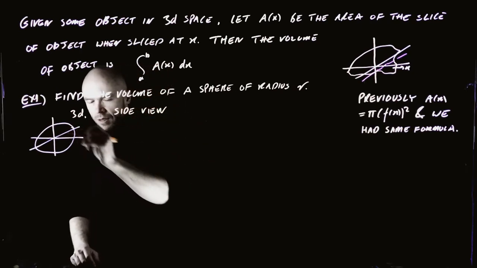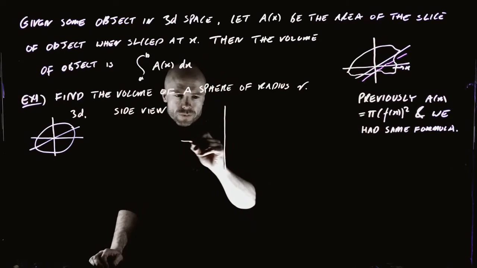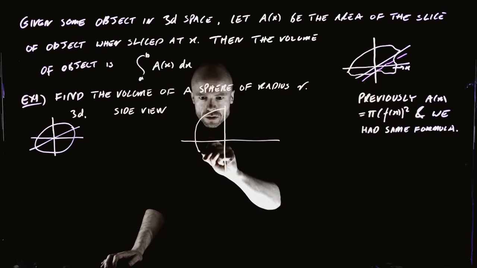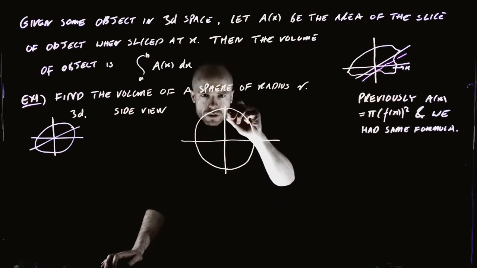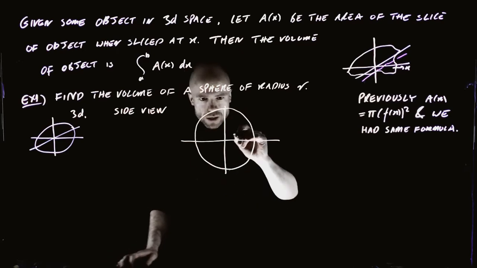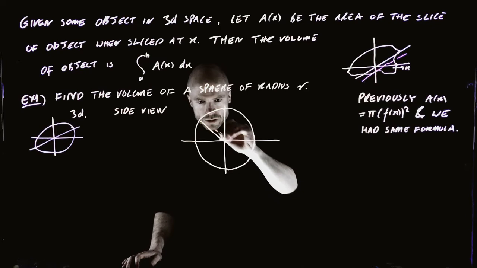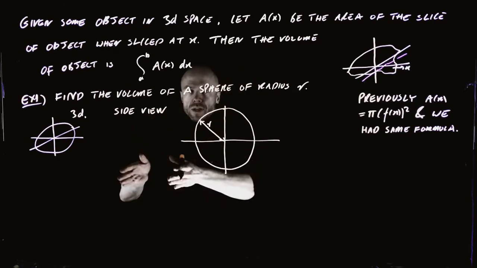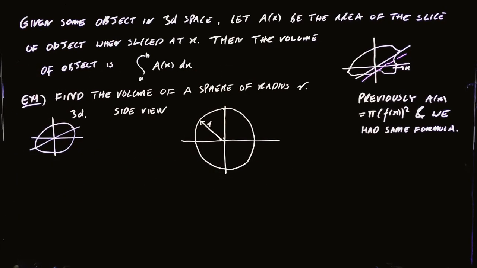So the radius is r, so the side view is going to look like this. Okay, again, not the best, but the radius is r, like this. Yeah. And we're going to be taking slices through the sphere. Yeah, let's take out the sphere we have here.